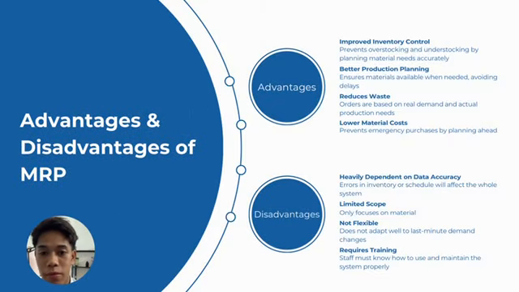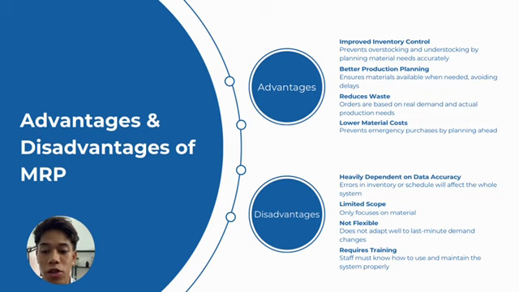As we know, each method has its own pros and cons, and so do MRP and ERP. I'm going to explain the advantages and disadvantages of MRP first. The advantages are: first, improved inventory control, which prevents overstocking and understocking by planning material needs accurately.